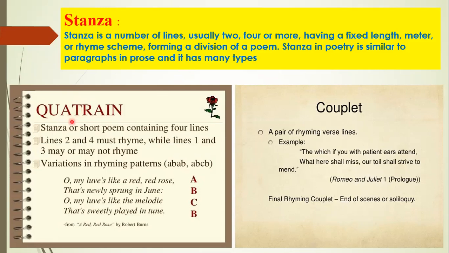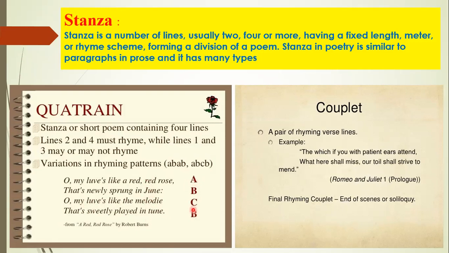Stanza or short poem containing 4 lines. So you see here, oh, my love, like a red rose that's newly sprung in June. Oh, my love, like the melody that's sweetly played in tune. You see here, we have four lines.